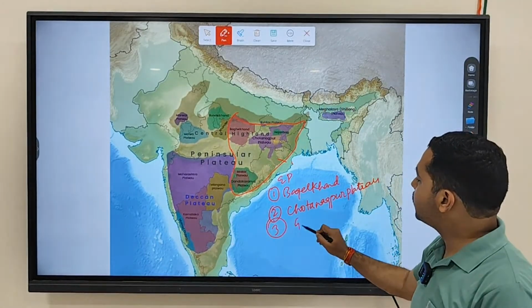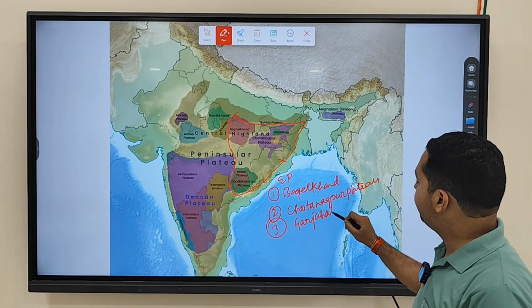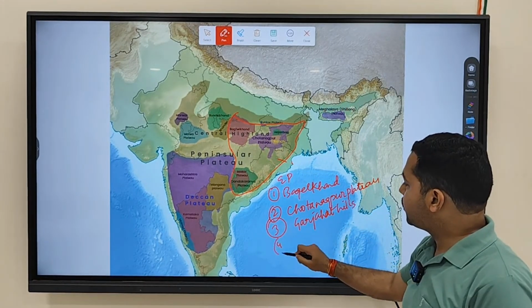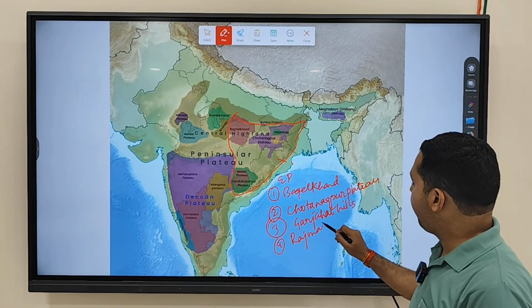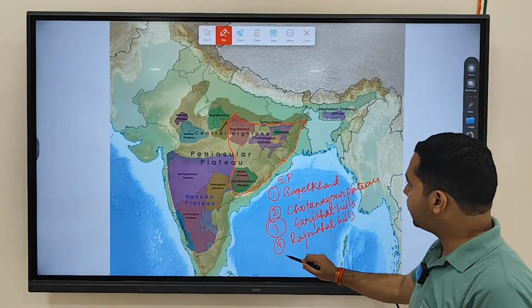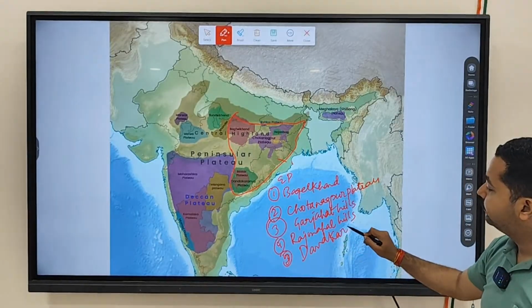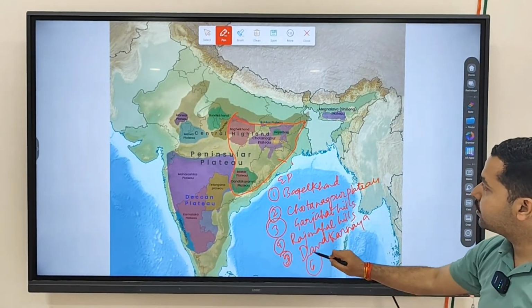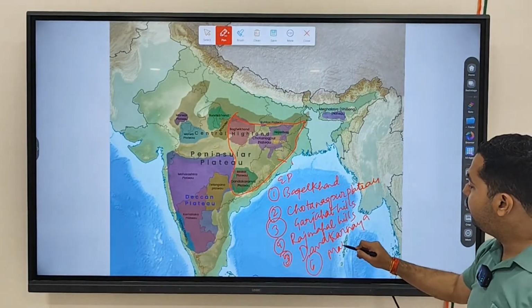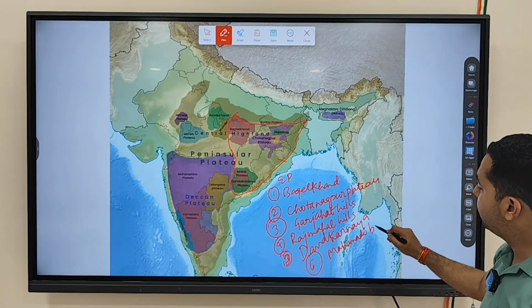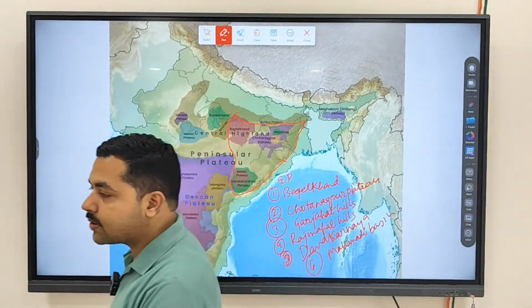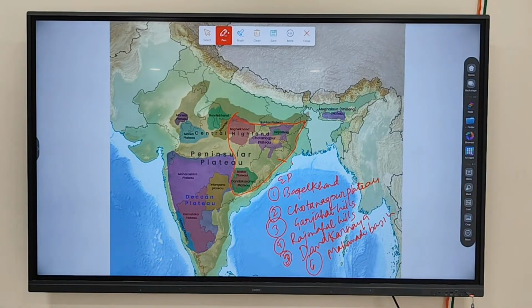The third is Garjat Hills, then Rajmahal Hills, Dandkarnya, and the last that you have is the Mahanadi Basin. These 6 make up your Eastern Plateau. Fine. Bundelkhand, Garjat Hills, Rajmahal Hills, Mahanadi Basin, Dandkarnya and Chota Nagpur Plateau.